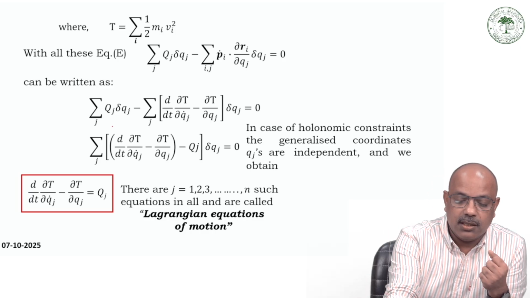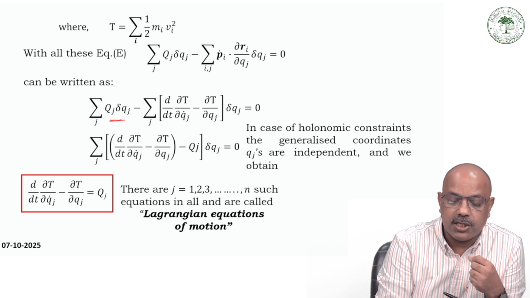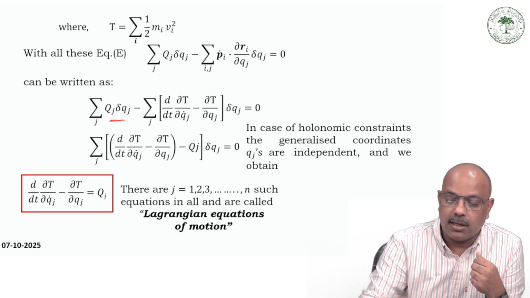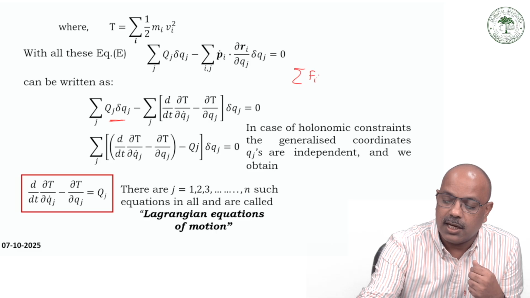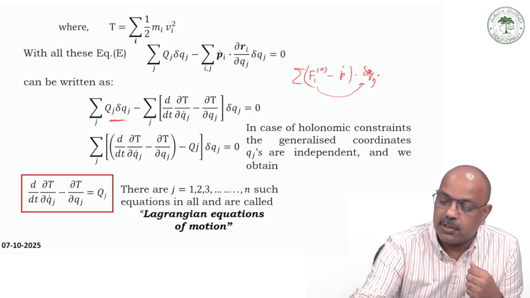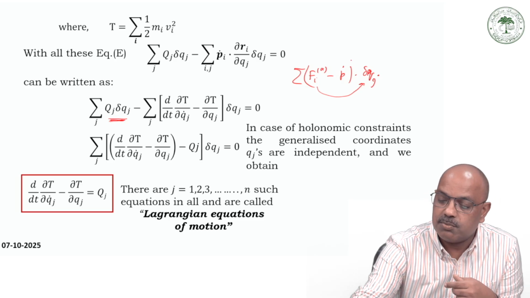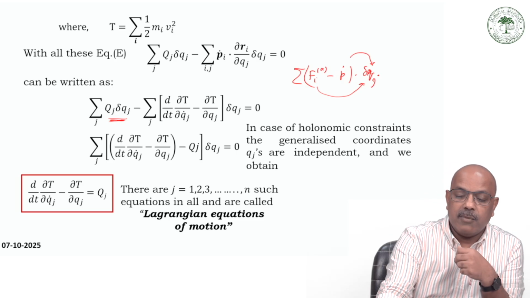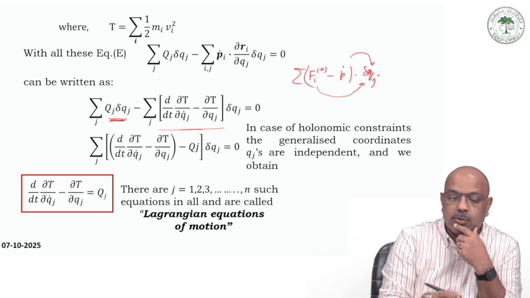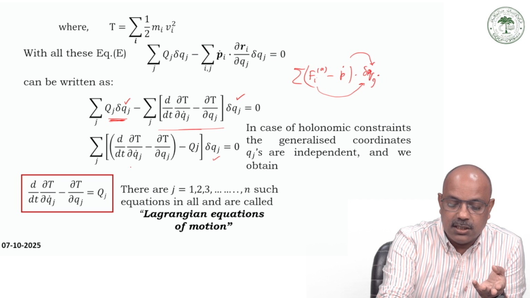This was the two parts of D'Alembert's principle, which gives me Fi minus p dot, and then I have delta Ri, so this becomes delta Qj. This component with Fi gives me the generalized force, and the pi component gives me this quantity. So taking Qj delta Qj common, what we have is d/dt of this.